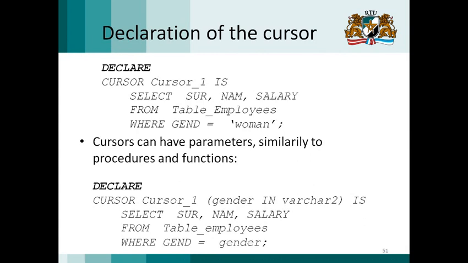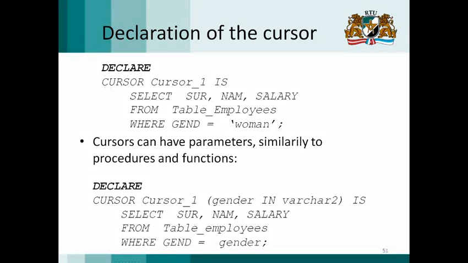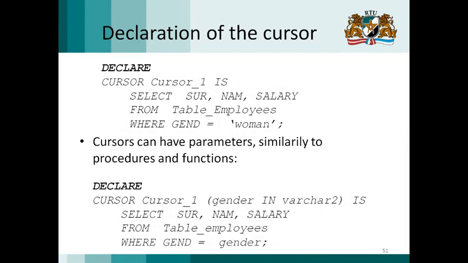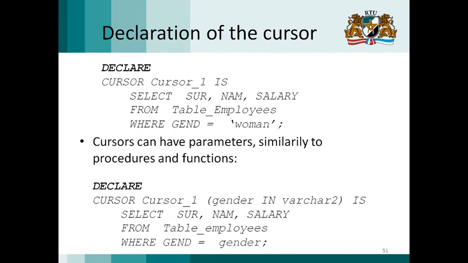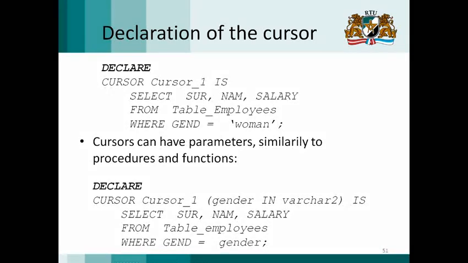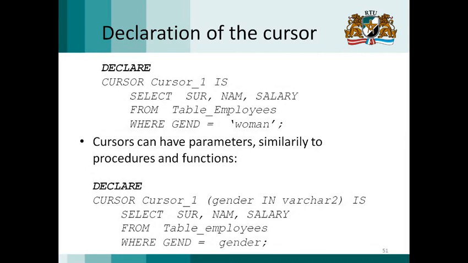So if we wanted to declare the cursors without parameters, and we would have to use these cursors in the program body once with gender woman, the second with gender man, we would have to declare two cursors. In this case, we have to declare only one.